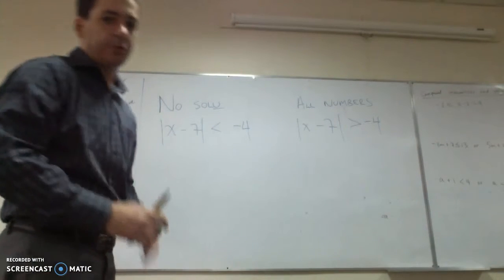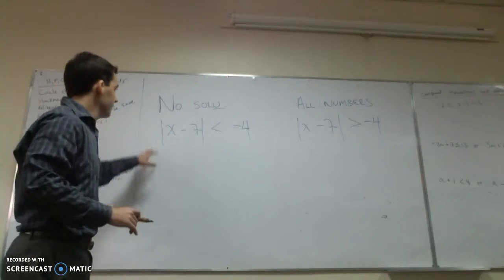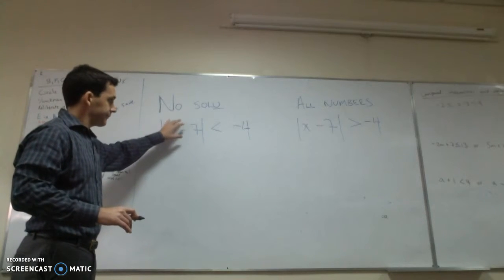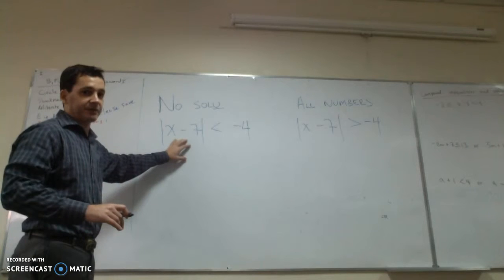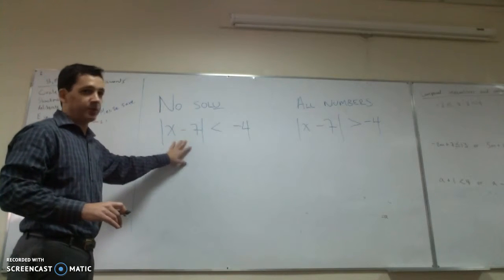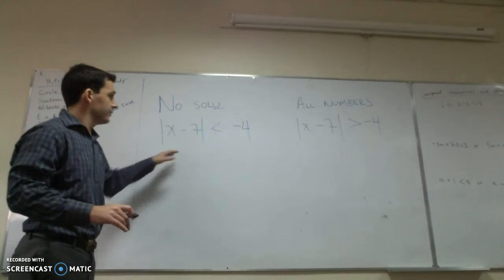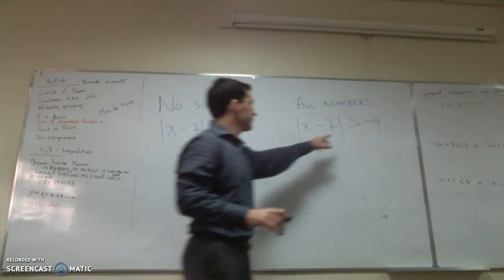Hopefully you can see these problems pretty well. Right here, whenever you take this out of the absolute value sign, you're always going to get a positive number. So is a positive number ever less than a negative number? No, never. But over here, this is greater than.